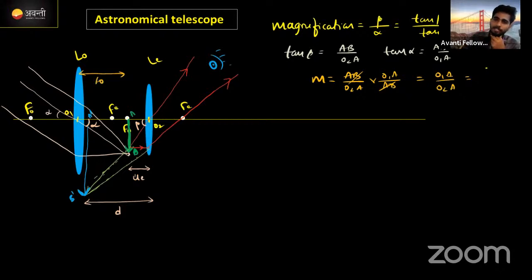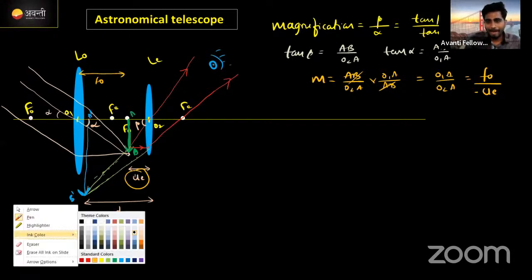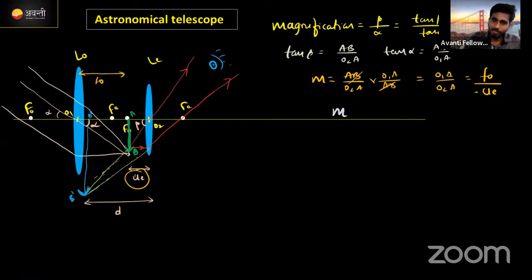Right here, FO divided by O2 to A. O2 to A is there? No, this is what the object distance. It is nothing but object distance UE, but we need to write here negative sign because opposite to the incident light direction. Then magnification value कैसा होता है? F0 divided by UE.